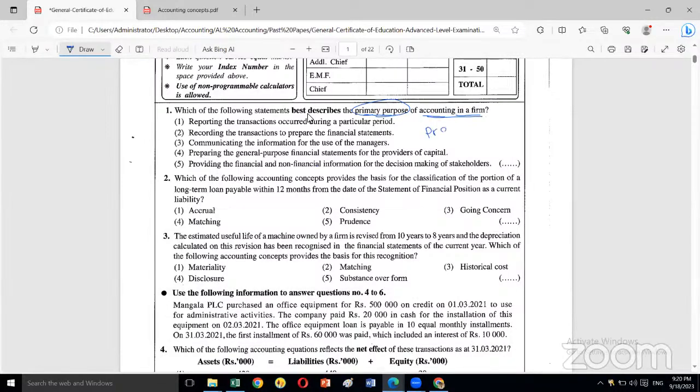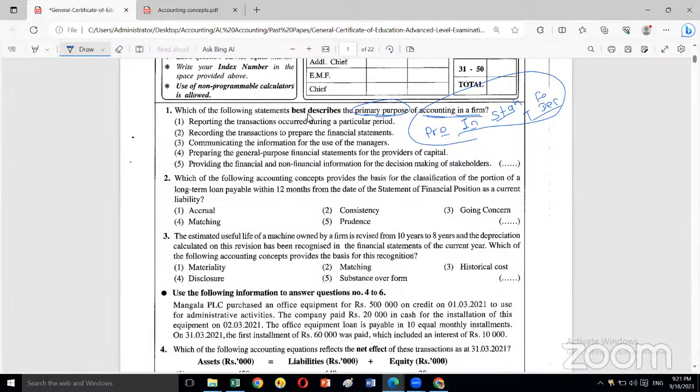Providing information to the stakeholders for their decision making. So that is the main objective of accounting, Buddha?